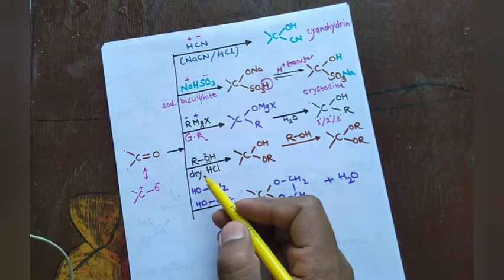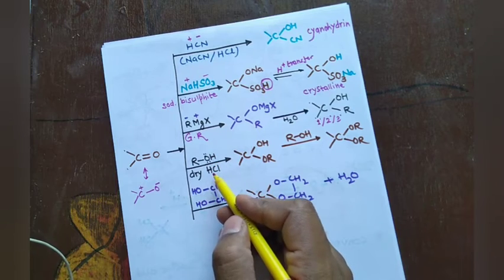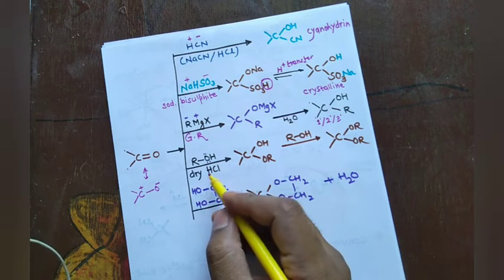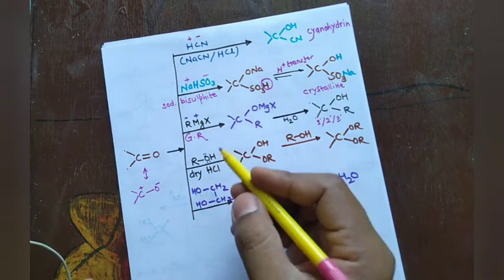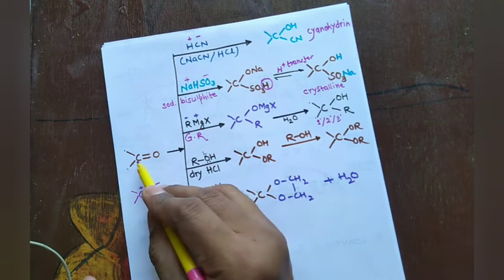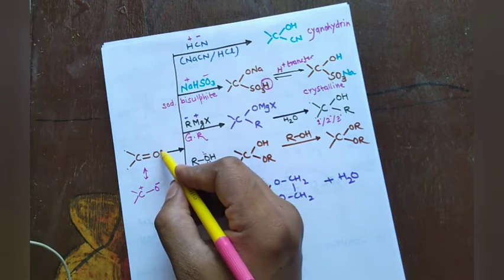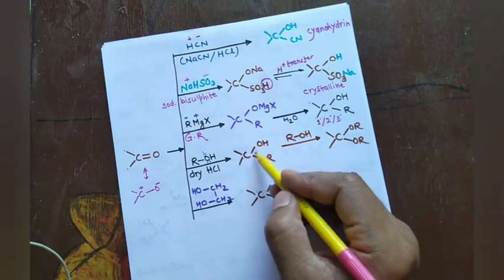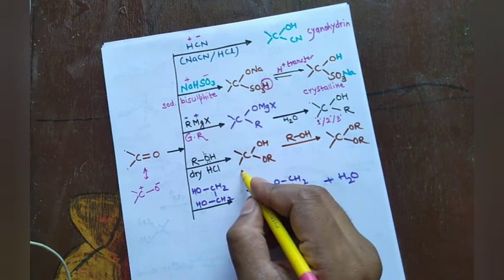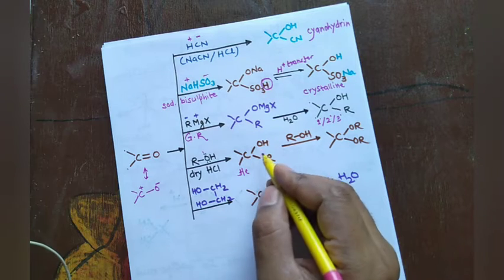Now, addition of alcohols. This reaction is catalyzed by HCl. When an alcohol is added, the alcohol attacks the carbonyl carbon, being a nucleophile, and H goes to O. It becomes OH and OR. This compound is called hemiacetal, which has got an ether as well as a hydroxyl group.